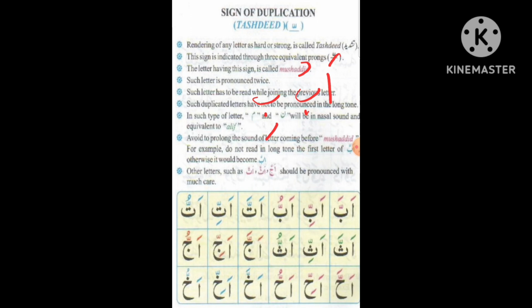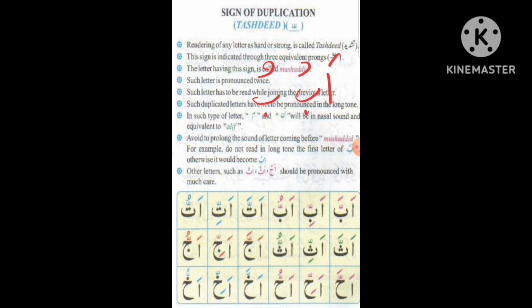Now see the third one. It is Alif Ba Zabar Ab and then Ba Pesh Bu, Abbu. Without the Tashdeed, how will we read? Abu. Alif Zabar A, Ba Pesh Bu, Abu. But with the Tashdeed, we have to join the Ba with the Alif and then the Ba itself, because they are two Ba. Alif Ba Zabar Ab, Ba Pesh Bu, Abbu.